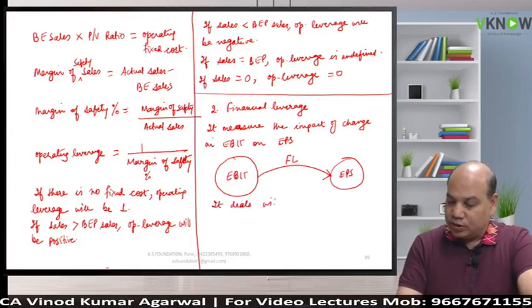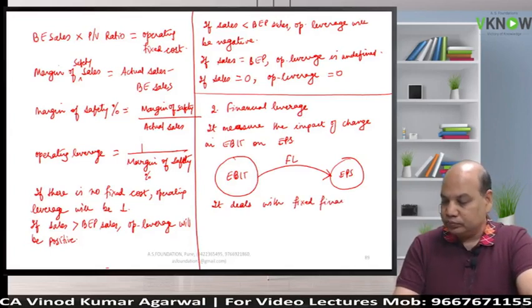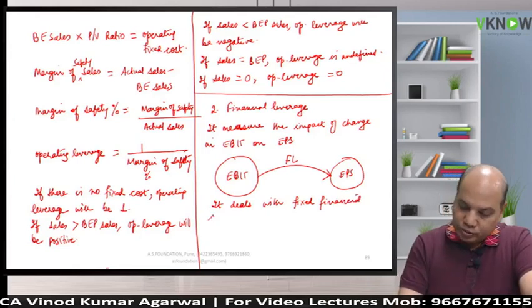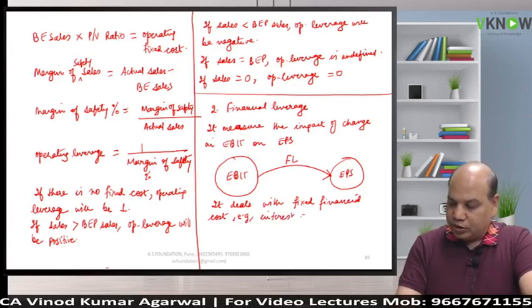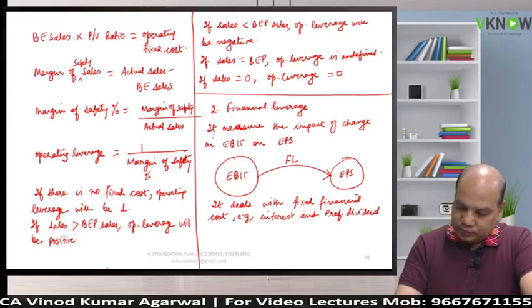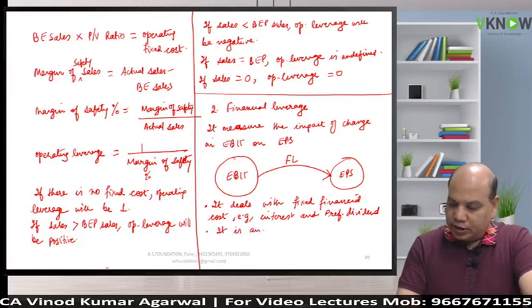It deals with fixed financial cost, for example, interest and preference dividend. It is an indicator of financial risk.